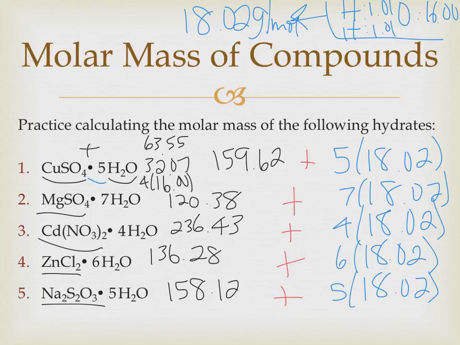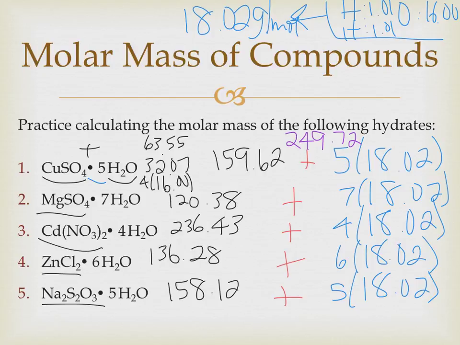And if you add those two numbers together, so 5 times 18.02 plus 159.62, you get a mass, and I'm going to write this in a different color here, for number 1 of 249.72 grams per mole.